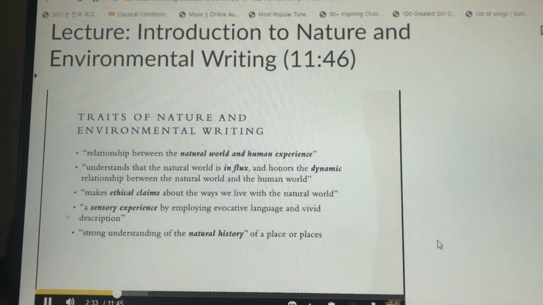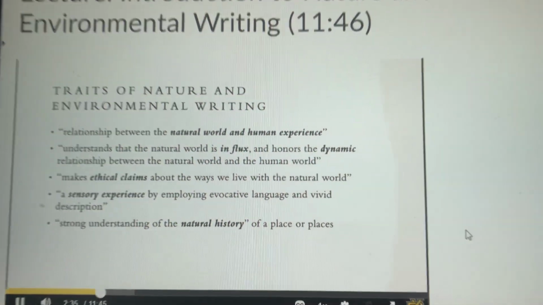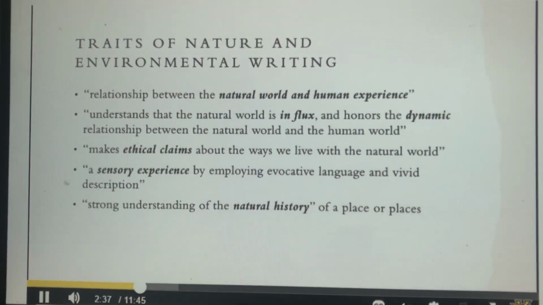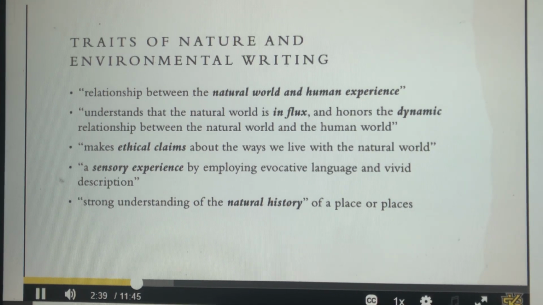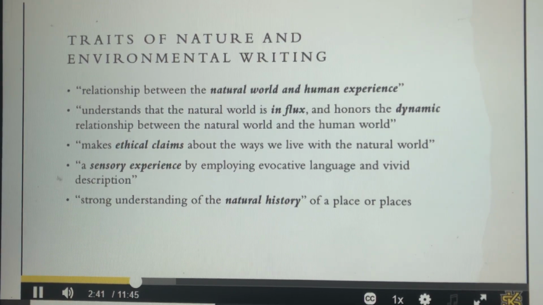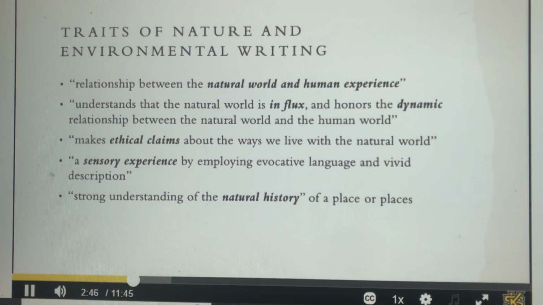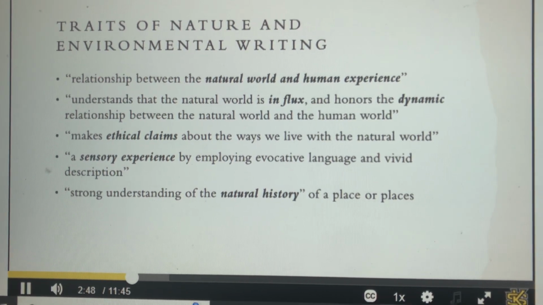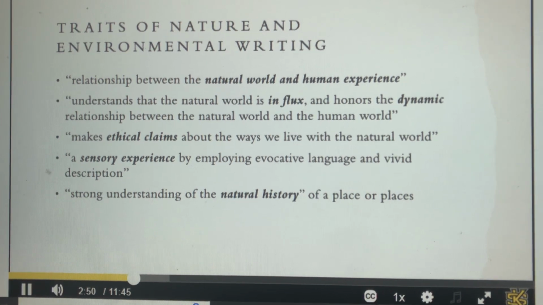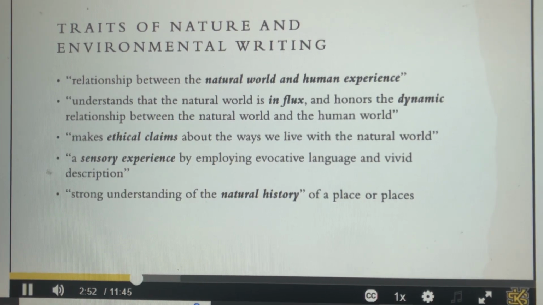On page 9, the textbook lists traits that nature and environmental writing share. It speaks to the relationship between the natural world and human experience. It understands that the natural world is in flux and honors the dynamic relationship between the natural world and the human world.